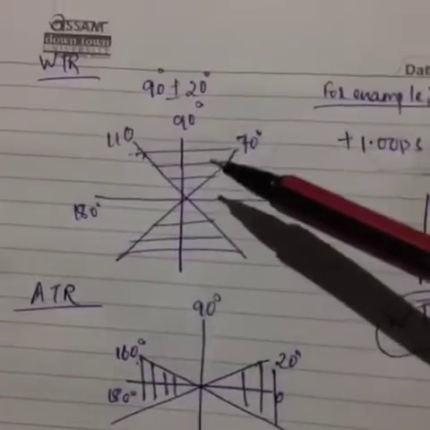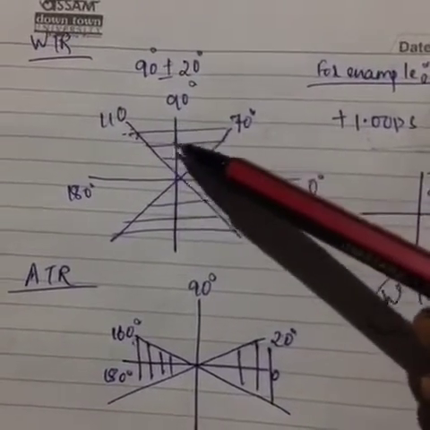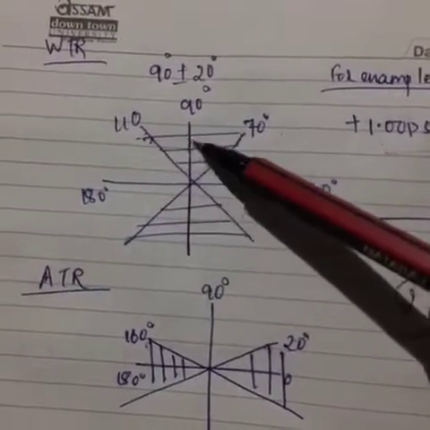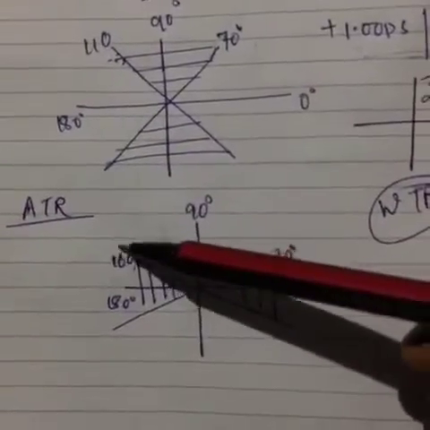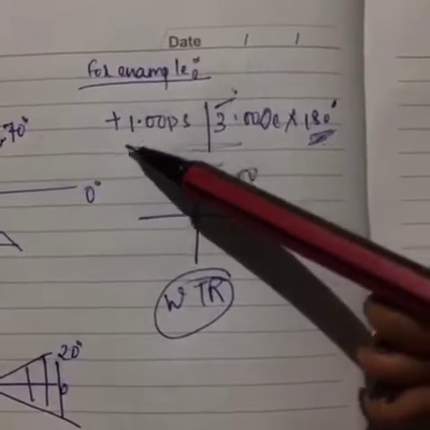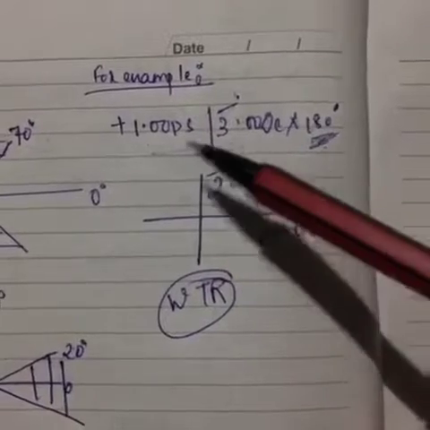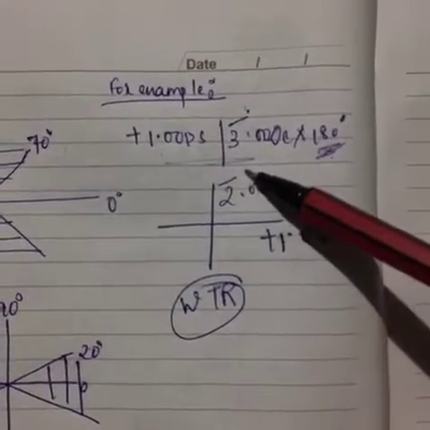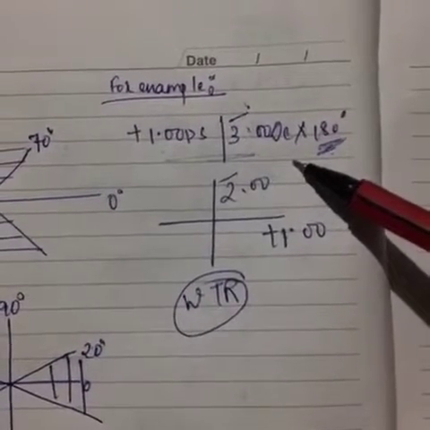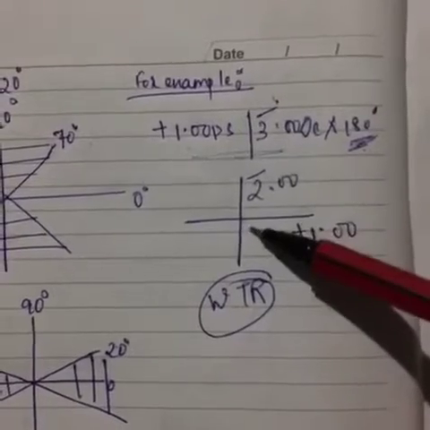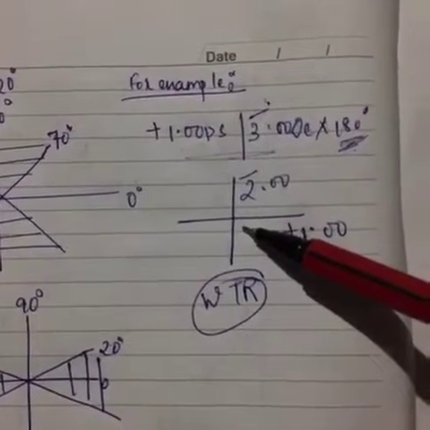In with-the-rule astigmatism, the vertical meridian, which is considered from 70 to 110 degrees, will be the steepest. And in against-the-rule, let's take this example. Suppose this is an equation, this is a prescription: plus 1 diopter spherical, minus 3 diopter cylindrical, with axis 180 degrees, right? If you put this in an optical cross, what will it be?